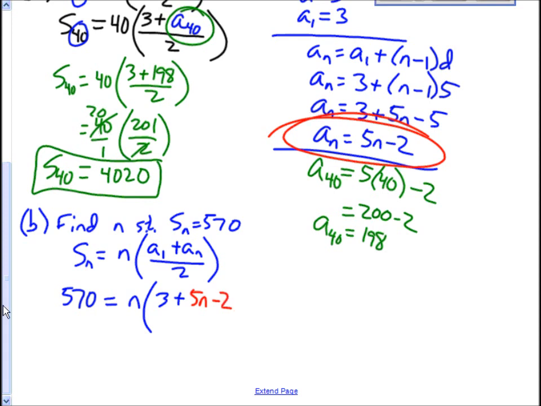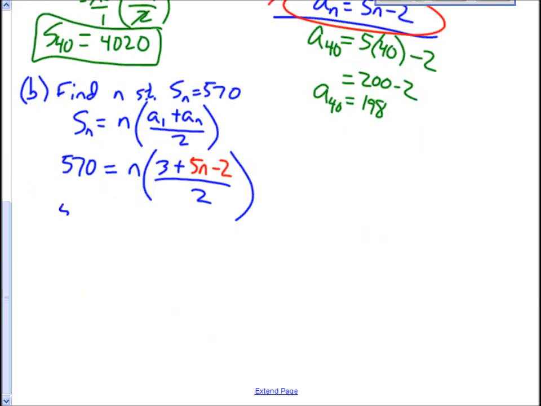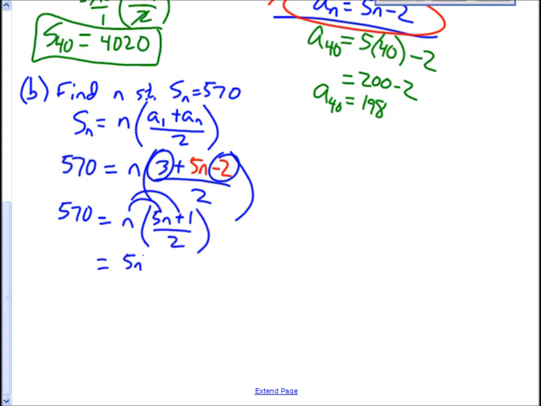What that does is it makes it solvable now. So we just keep going on this thing and simplify, solve for n. So we've got 3 minus 2 is 1. So 5n plus 1 all over 2. You go ahead and distribute that. 5n squared plus n all over 2 is 570.